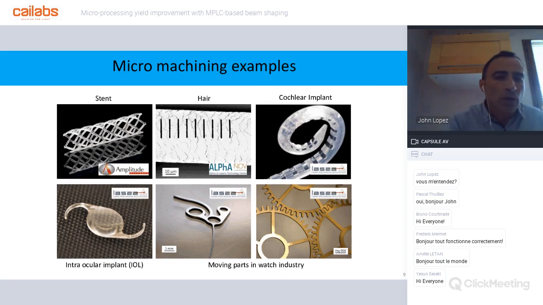This is an intraocular implant for eye surgery, cut by an ultrafast laser. And these are two moving parts cut by an ultrafast laser for the watch industry, cut with a processing head in order to avoid the taper angle on the side.